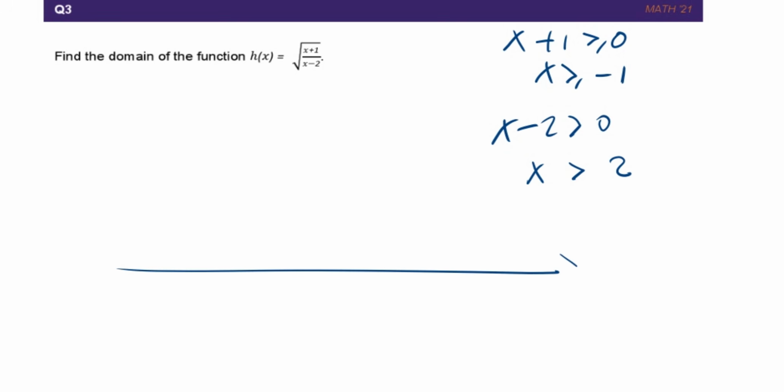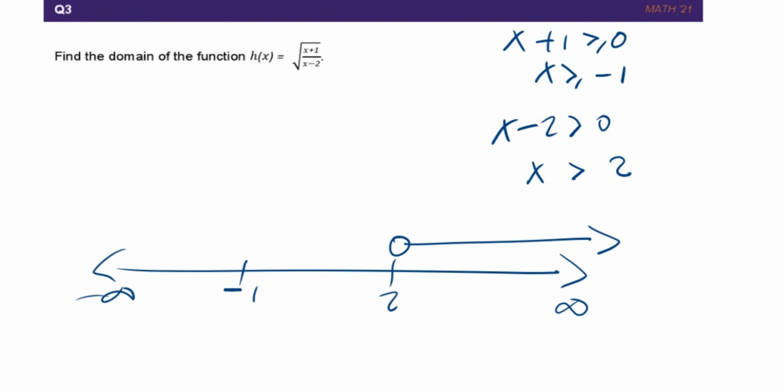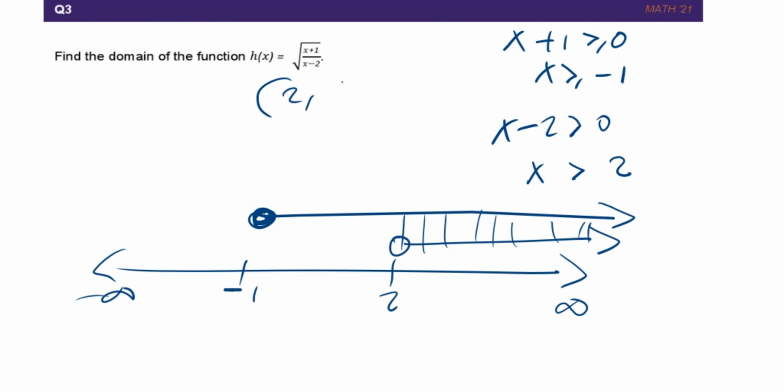Use the number line. The intersecting part will be our answer. So greater than 2 is not included, going this side. -1 is included, so is this. Now my domain is the same as the one we solved. That's the domain.